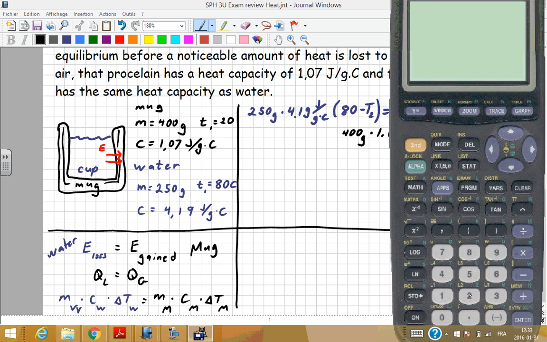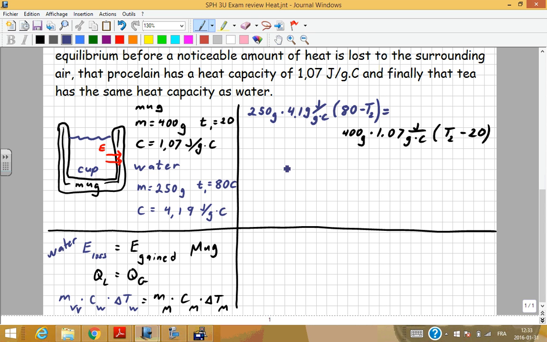So 250 multiplied by 4.19 gives us 1047.5. So 1047.5, and this is 80 minus T2.